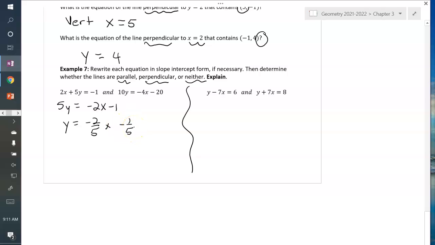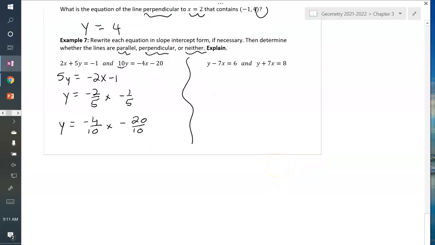The second one, I've got 10y equals -4x minus 20. That's also not in slope-intercept form because we have that 10 in front. So take that and divide everything by 10. So y equals -4 over 10x minus 20 over 10. Let's do some simplifying here.